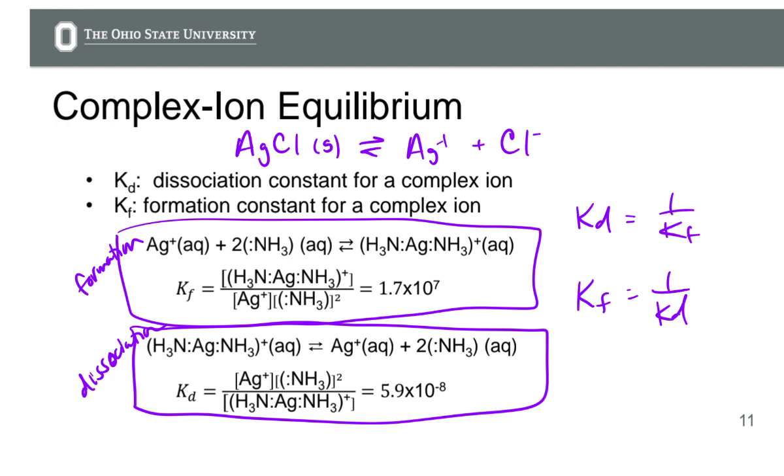If we add ammonia, the ammonia is going to increase the solubility of that silver chloride. So when you can form a complex ion with a cation from a slightly insoluble salt, like the silver in this case, you're going to increase that salt's solubility. Okay? We're going to look at some examples of that and why that is.